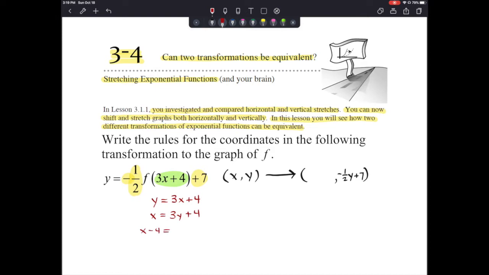So you have x minus 4 is equal to 3y, divide each side by 3, and you have x minus 4 divided by 3. Some of you are probably to the point where you can just look at this and figure that out, right? You say times 3, then plus 4. So you have to undo the plus 4 by subtracting 4 from x, and then you're going to undo the multiplying by 3 by dividing it all by 3. Either way, you get the same answer. Let's move on.